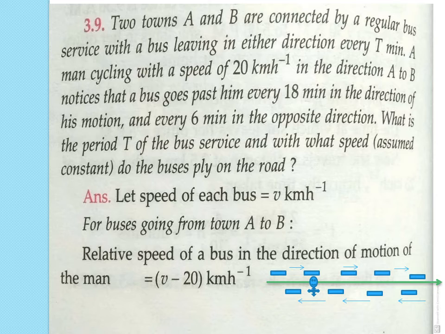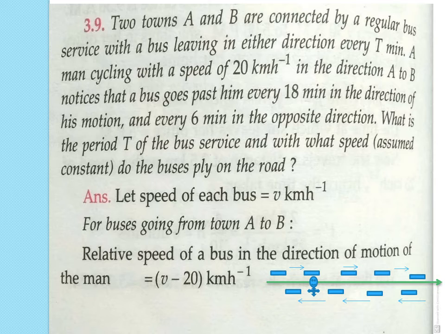Time for the same direction is 18 minutes and time for the opposite direction is 6 minutes. So one point is clear to us. What will be the distance? Distance will be velocity into time. In both the cases we have the distance.